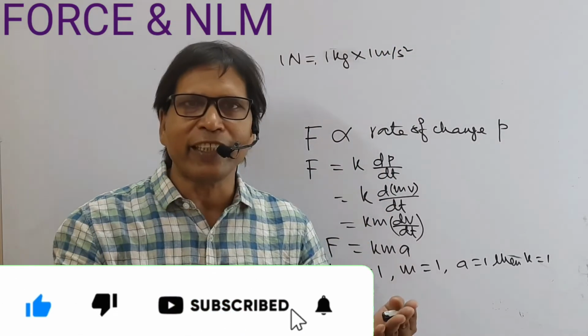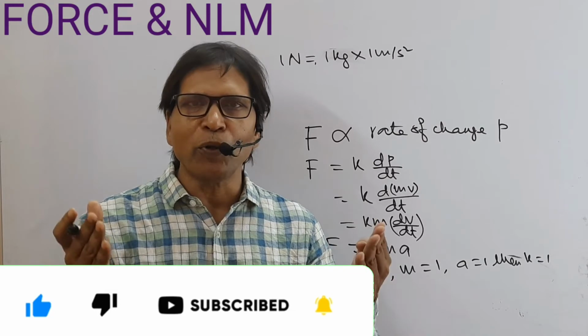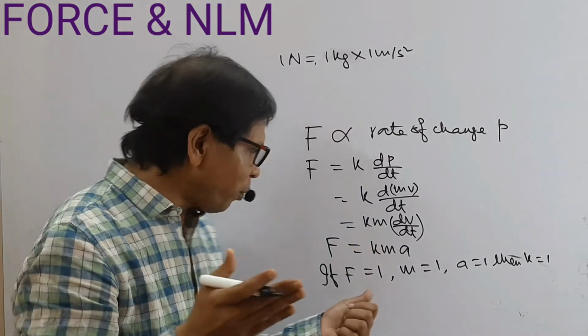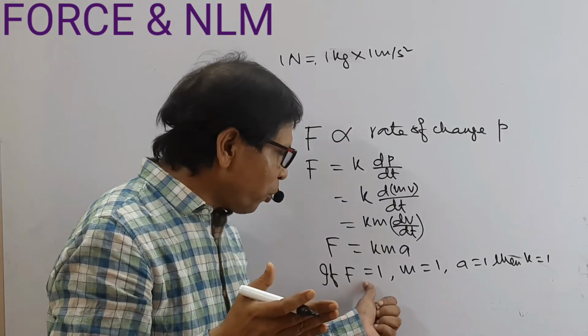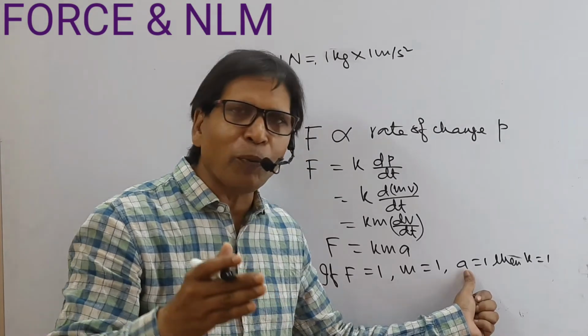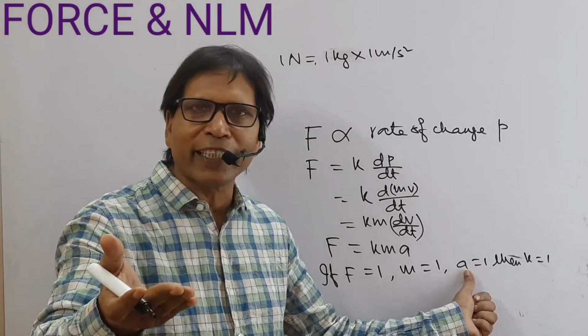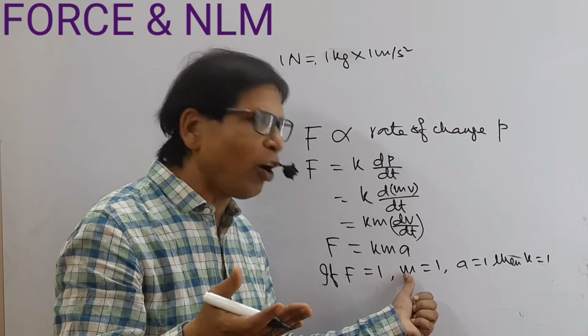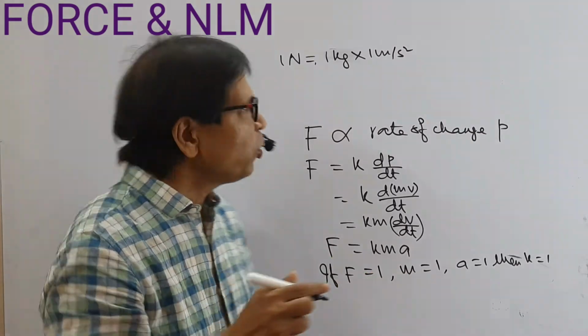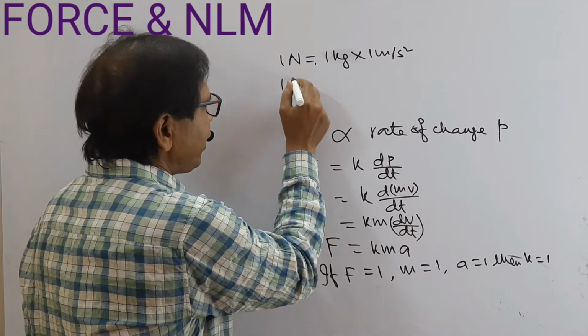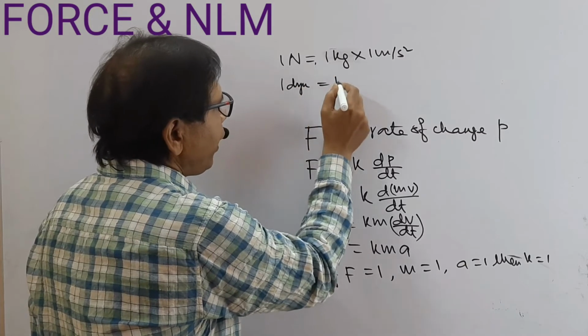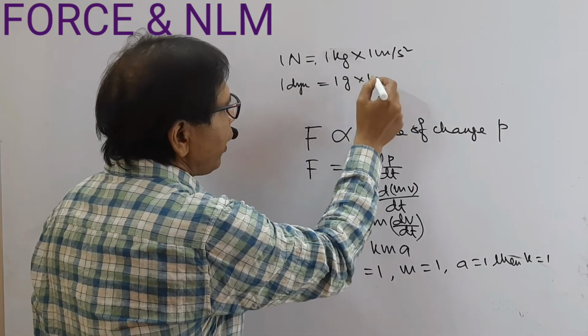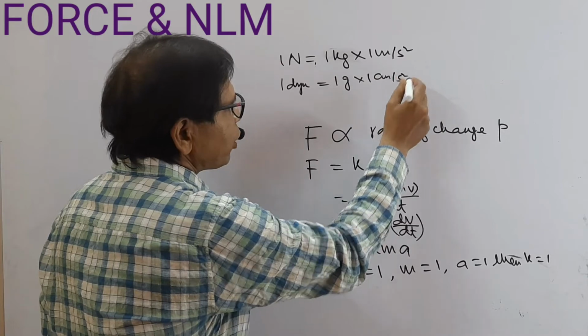In the CGS system, the unit of force is dyne. Therefore, 1 dyne force produces an acceleration of 1 centimeter per second square of a body of mass 1 gram. So look at this, 1 dyne is equal to 1 gram times 1 centimeter per second square.